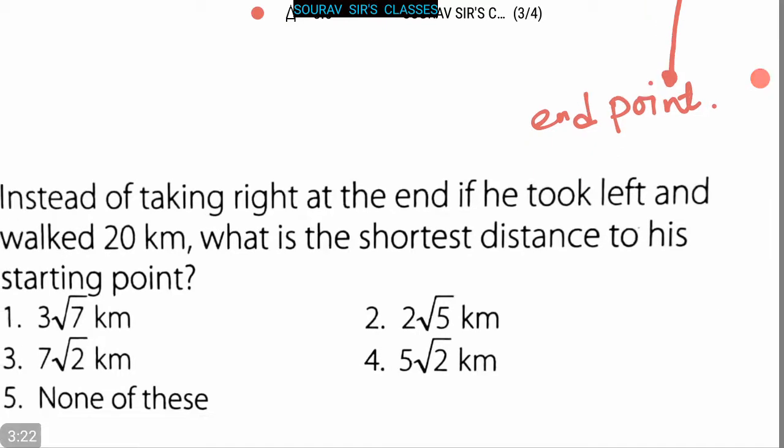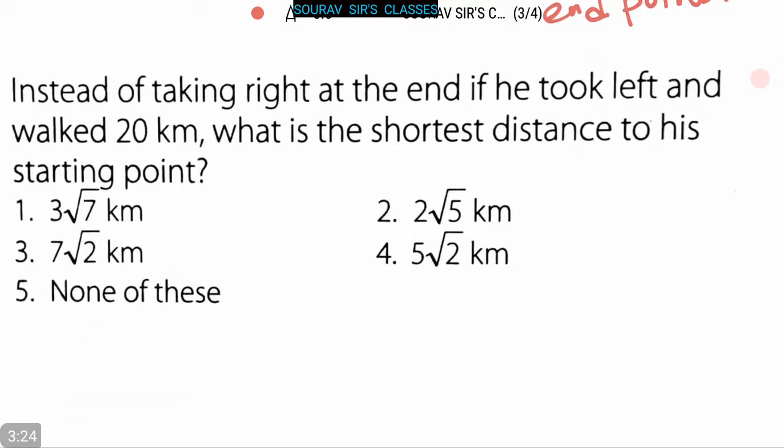The question is, instead of taking a right at the end, if he took a left and walked 20 kilometers, what is the shortest distance to his starting point?